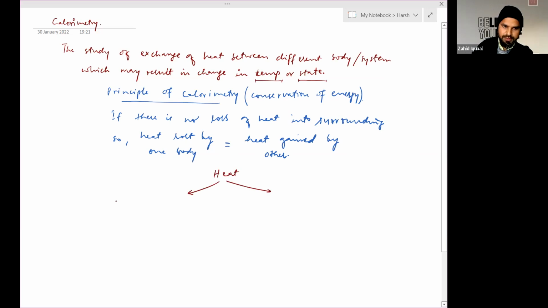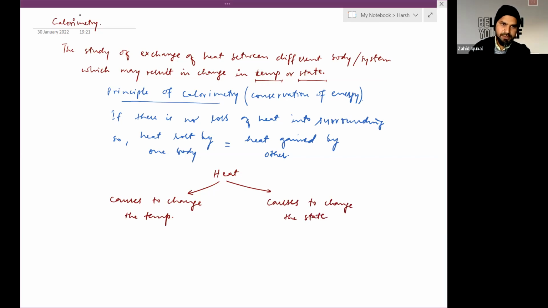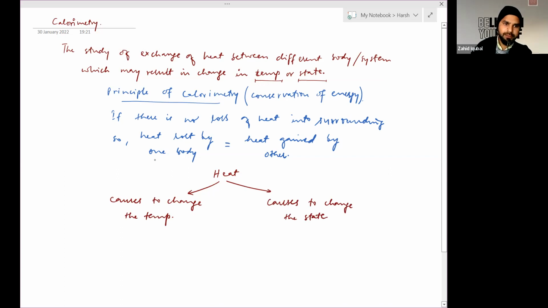First, heat which can cause a change in the temperature of body, and second, heat which can cause a change in the state of body.